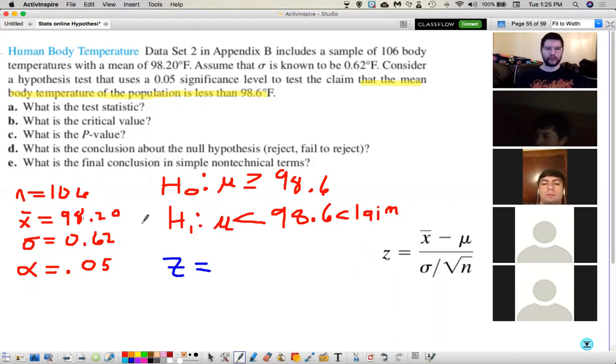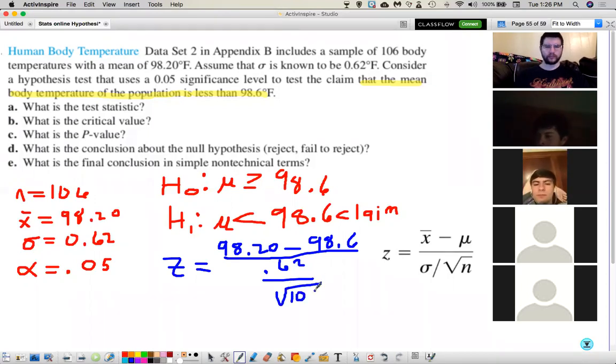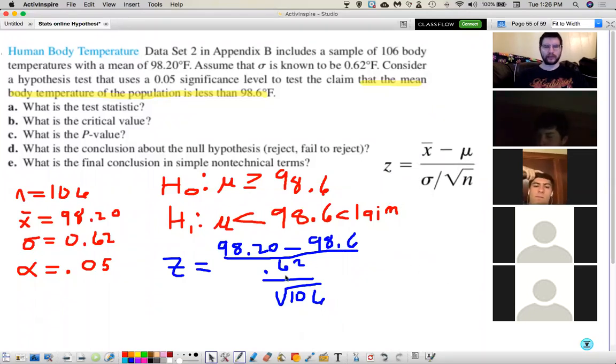X bar, well, that's 98.20, minus our mean, 98.6, our population mean, over sigma, 0.62, divided by square root of n. And it was 106. So I'm going to type this in the calculator, and I suggest go ahead, take the time to actually write it down before you type it in the calculator.